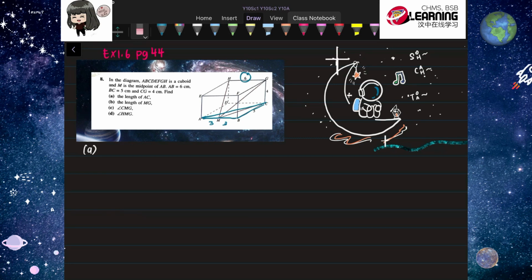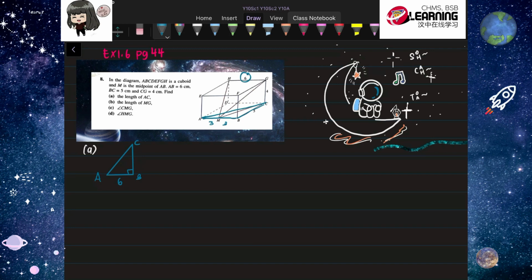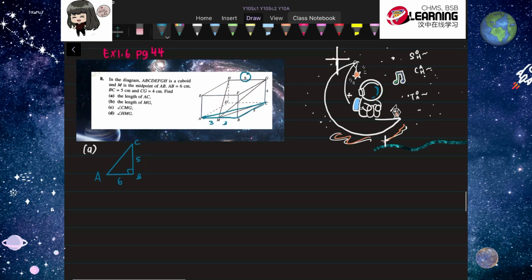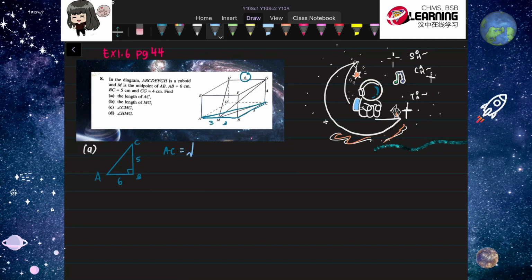It's a right-angled triangle, A, C, and B. So this is your 6, this is your 5, and we can use Pythagoras Theorem to find our AC. AC equals square root of 6 squared plus 5 squared. So it's square root of 61.